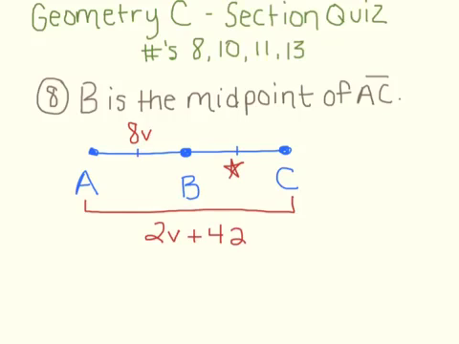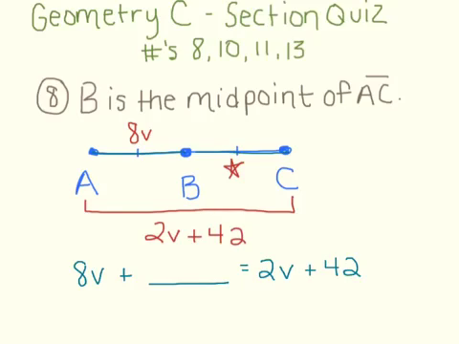So to set up this equation, I would probably start by saying 8V plus something, which is whatever BC is, has to equal 2V plus 42. Okay, because this small piece plus this small piece has to equal the whole thing, which is 2V plus 42.